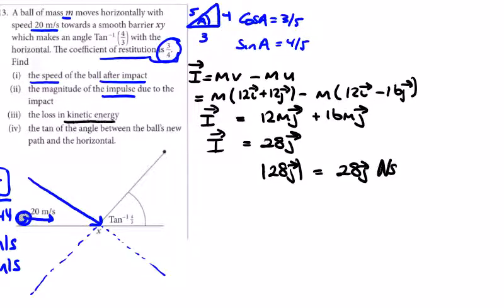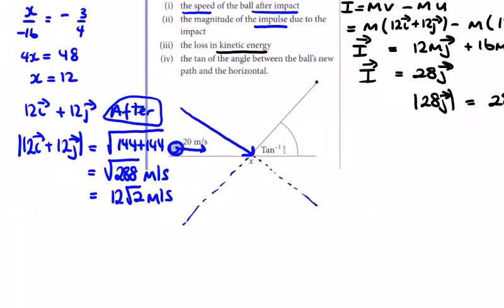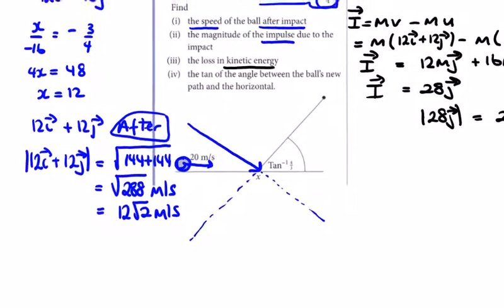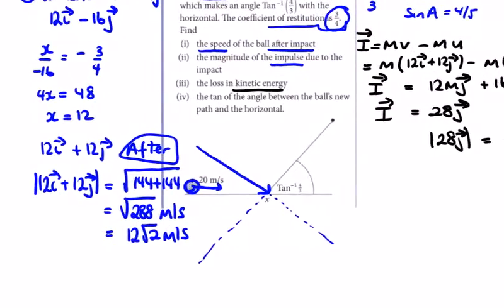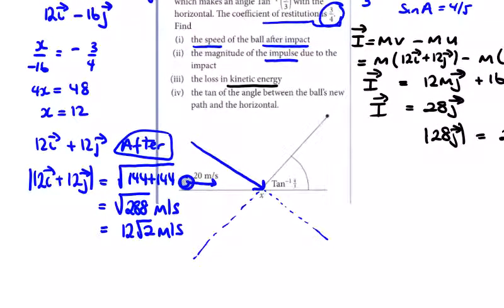The loss in kinetic energy. We've got our speeds: we had root 288, and we didn't do the other one, did we? The 12 and the 16. So let's have a look at the loss in kinetic energy, half mu squared. At the start we have a half times m, 12 squared is 144 and 16 squared is 256.